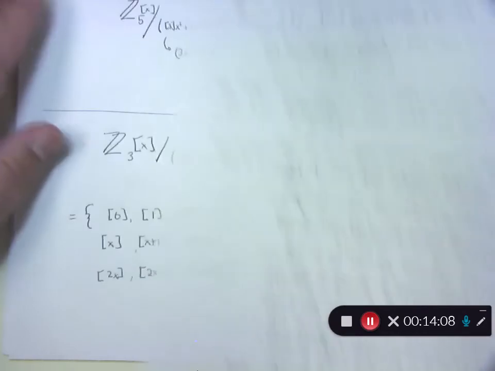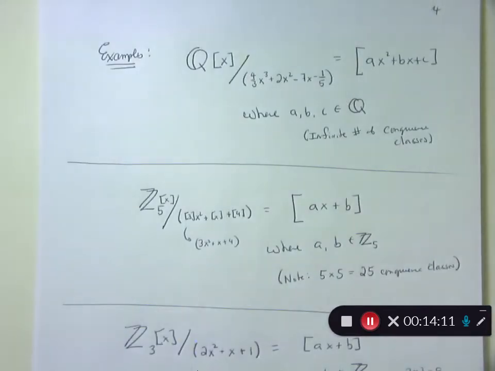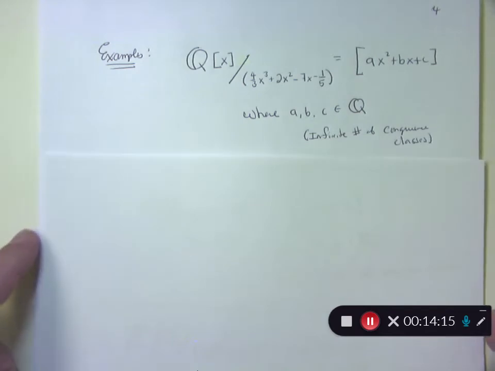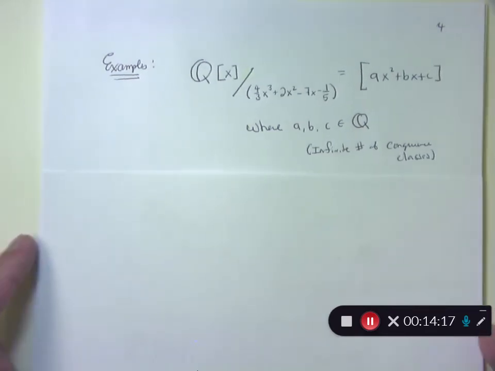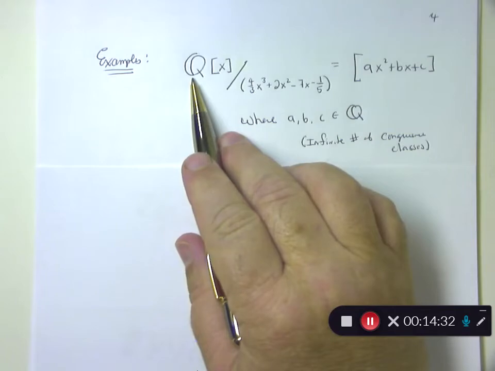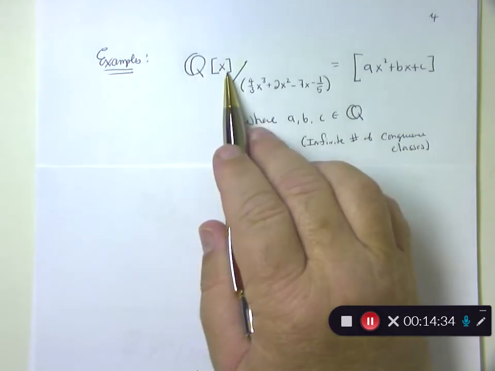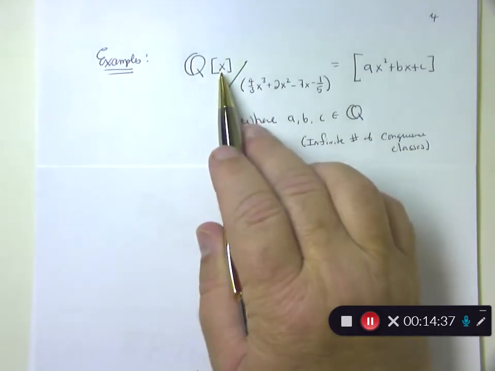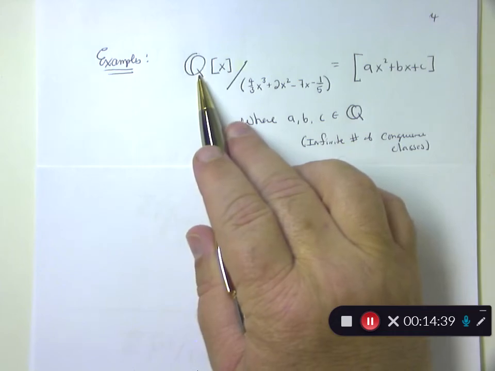So turn the page over here, and I've got some examples for you guys. Before I jump through all my examples, let's talk about one at a time. So I'll use my little piece of paper here. Examples. Q adjoined x, modded out by 4/3 x cubed plus 2x squared minus 7x minus 1/5. Now remember, Q are the rationals, fractions, integer over integer. Q adjoined x is polynomials where the coefficients are fractions, rational numbers.